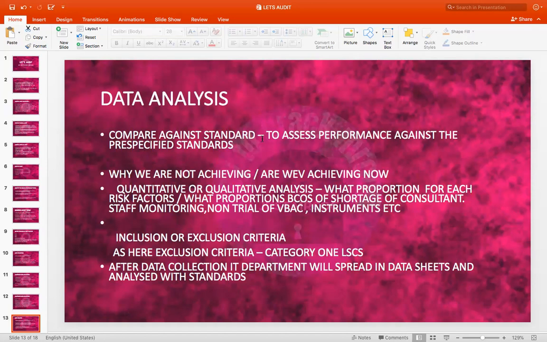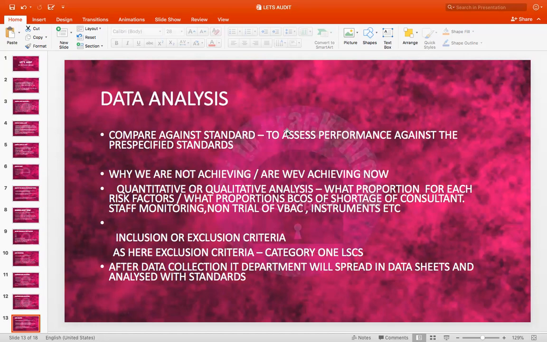To assess performance against the pre-specified standard. This is data analysis, where we compare against standard. Here we assess the performance. How I have made my potato curry, that is my performance, which we are going to compare with the pre-specified standard, that is the potato curry made by my mother-in-law, my mom.